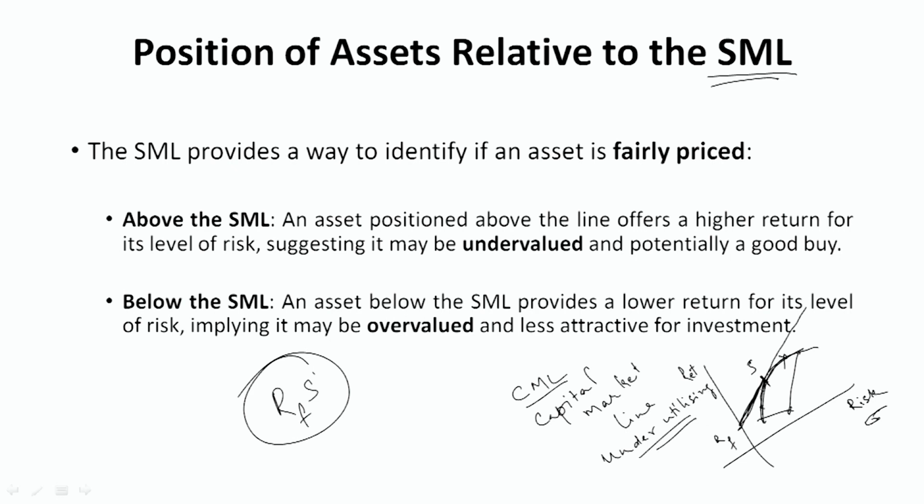So the return you are going to get is lesser in comparison to any point which goes above the point S. So S does not actually represent any riskless asset. This is the point which does not reflect any riskless asset. Any point which is below this is considered to be low risk. Above that, it is going to be high risk.